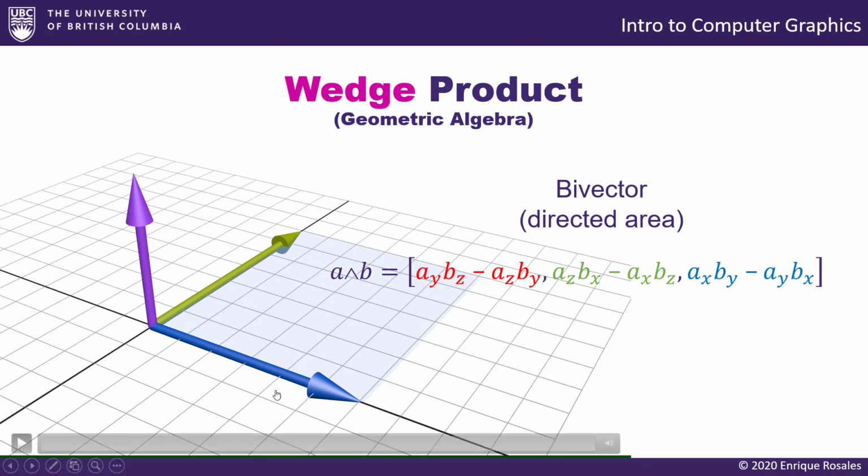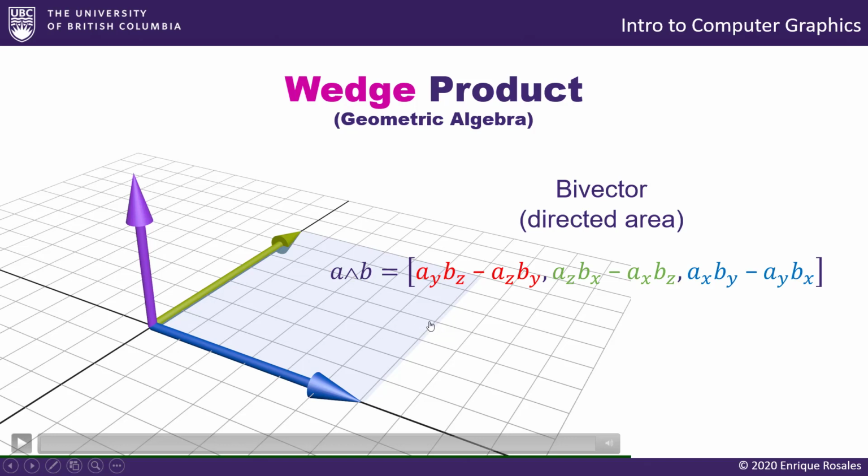And the geometrical interpretation of this in geometric algebra is different. Again, in linear algebra, we said that the result of the cross product is another vector with its own magnitude and direction. But through the eyes of geometric algebra, the result of a wedge product is a bivector that is a directed area. So we already know that the cross product is related to this area, right?